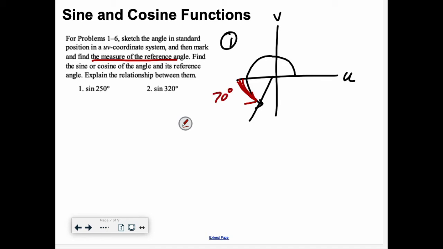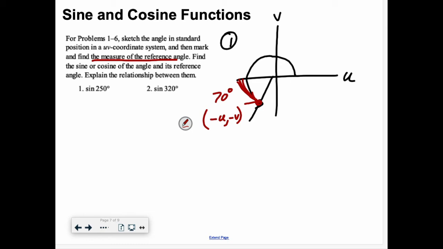So find the sine or cosine of the angle and its reference angle. And then I want to explain the relationship between them. Well, sine of this is going to be over here. And in this quadrant, I'm going to have negative u, comma, negative v.